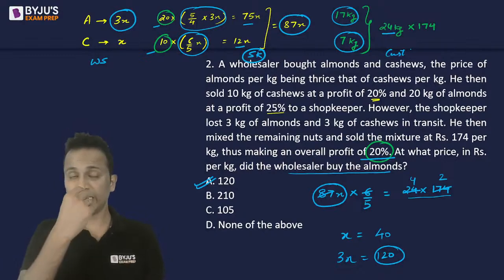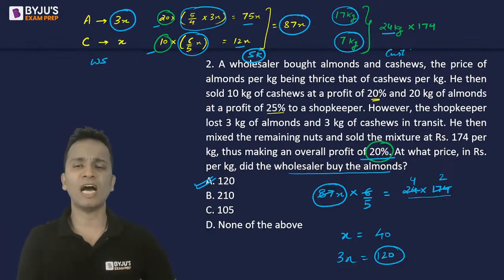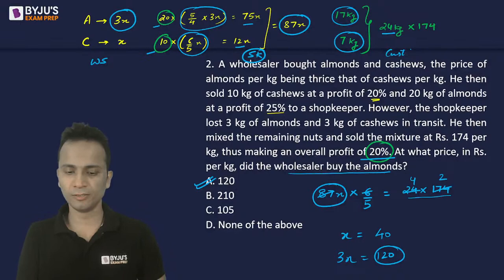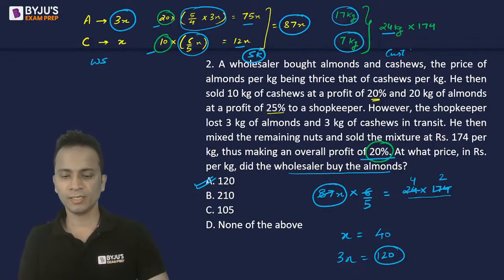Now please respond by writing yes if you have understood this one. Harsh and Mansh, both of you have given correct answers, so I am sure that both of you have understood this.